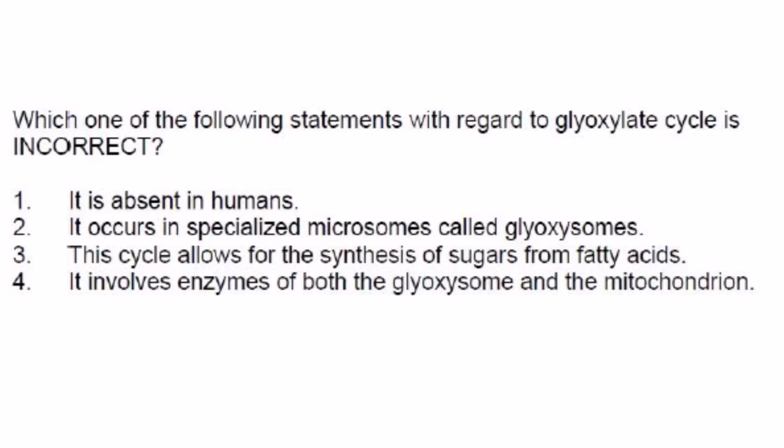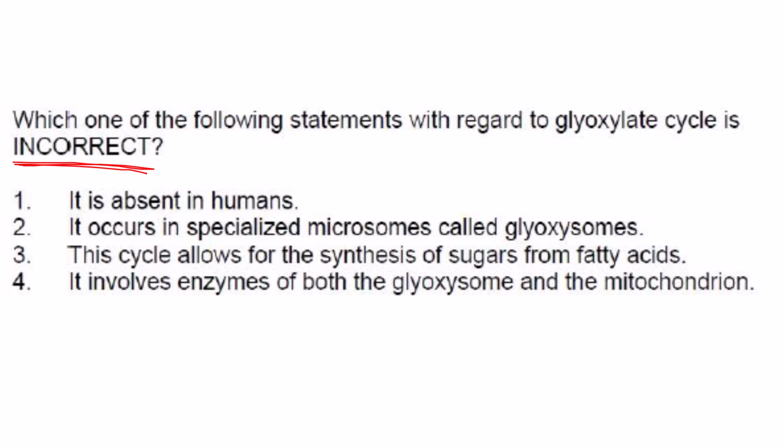Then, which one of the following statements with regard to glyoxylate cycle is incorrect? Now, glyoxylate cycle converts fatty acid into carbohydrates and it is found in plants and some microorganisms. So, it is absent in humans. That is a correct statement. They have asked for the incorrect statement. It occurs in specialized microsomes.